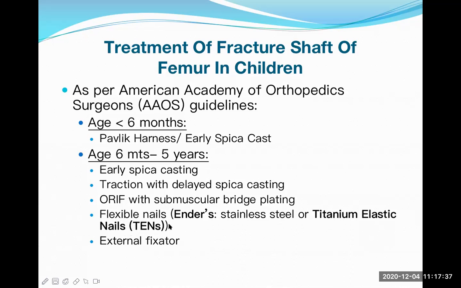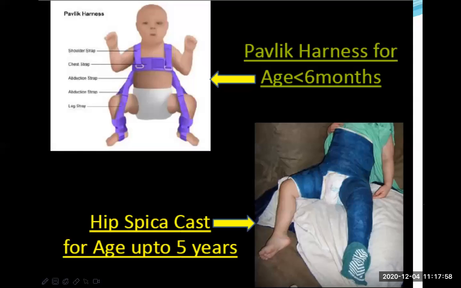These are quite flexible types of nails. And the last one is external fixator. So all these different maneuvers can be applied in the treatment of fracture shaft of the femur in children. Now, let's try to understand by looking at the picture. See here.